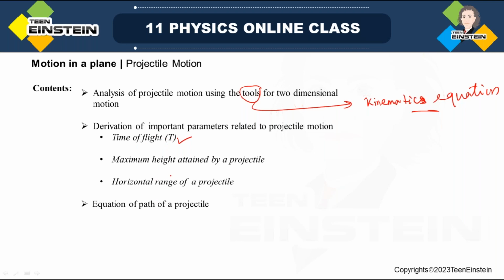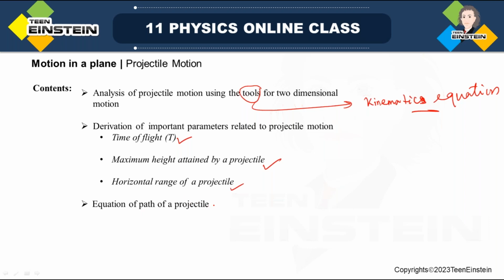So time of flight, then maximum height that can be attained by a projectile, and horizontal range of a projectile. These are three important parameters which we need to learn, and we need to learn how to derive them, and sometimes we need to remember the final formula, because you will be given some information and asked to find out the maximum height attained by a particular projectile.